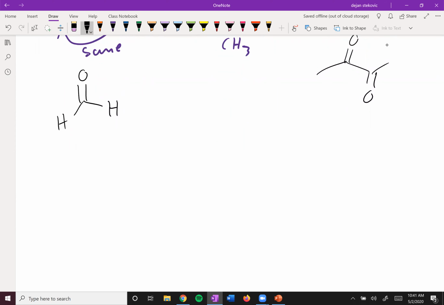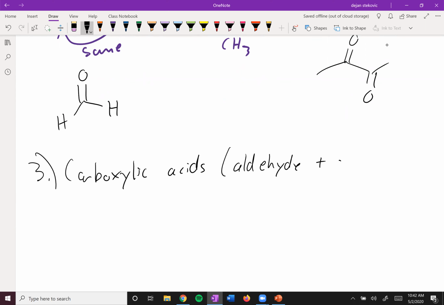Third functional group, we have carboxylic acids. Carboxylic acids are called carboxylic acids because they are actually acidic. And so this is kind of like an aldehyde plus an alcohol.